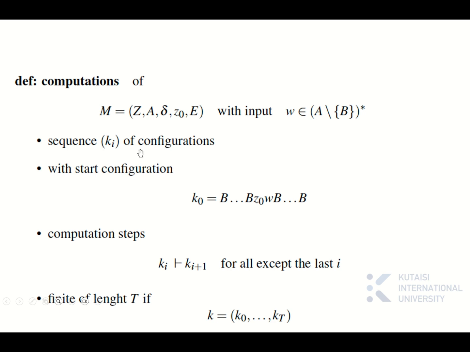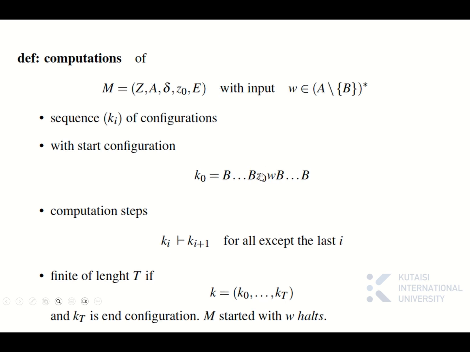Now, what is a computation? A computation is a sequence of configurations. How do you start? You start in state Z0, and your input is written on your tape. So we're looking at a one-tape machine at the moment, but it can be done for any number of tapes. So you have your W written on your tape, and you're in state Z0, and you're basically looking at the first letter of your input. And now I assume that there are many B's written to the right and many B's written to the left.